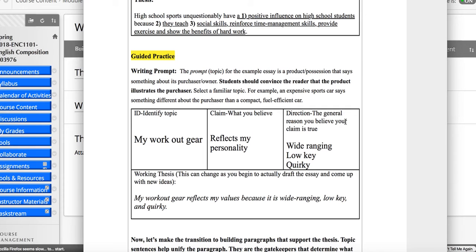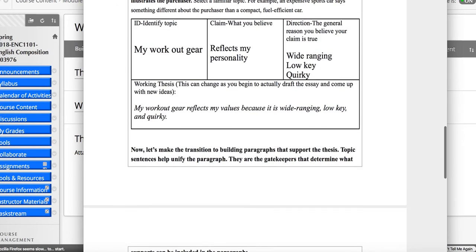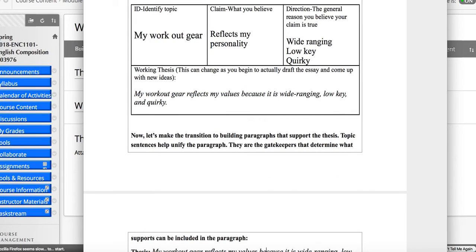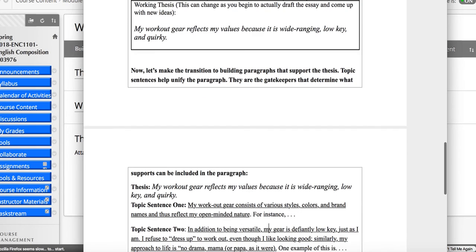And the general reasons I believe my claim to be true are that my wardrobe is wide-ranging, low-key, and quirky. I look at all my gear: yoga gear, Zumba gear, body combat gear, body pump gear, walking gear, bicycle riding gear, and Piyo gear. I got everything. So anyway, here's my thesis.